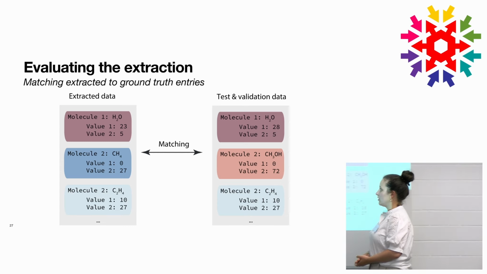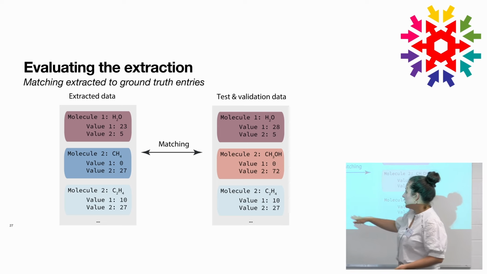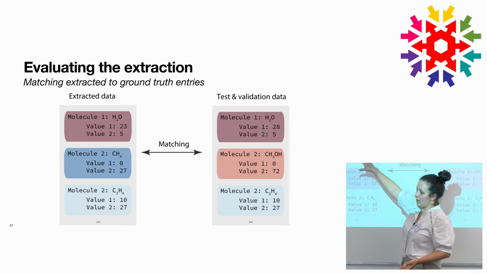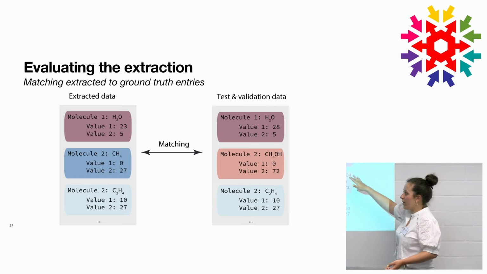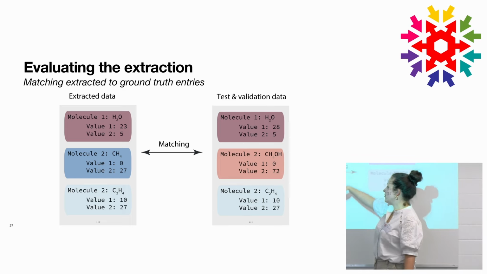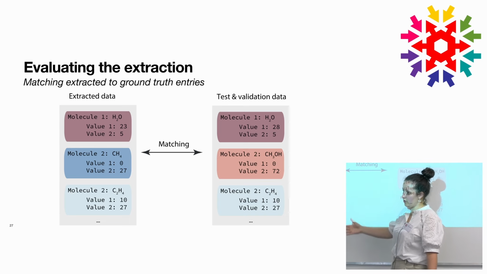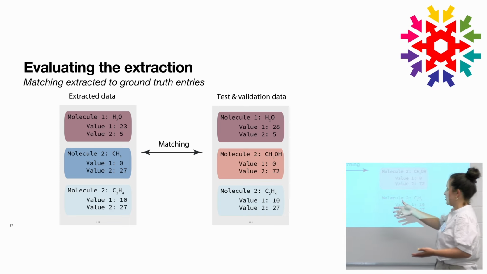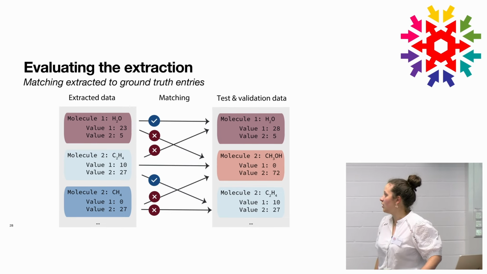So the first thing that you are doing is matching. So you try to find the extracted entry that is closest to your test and validation data. Because also, the model could do things in a different order. So you need to actually match the things here to be able to calculate some score.